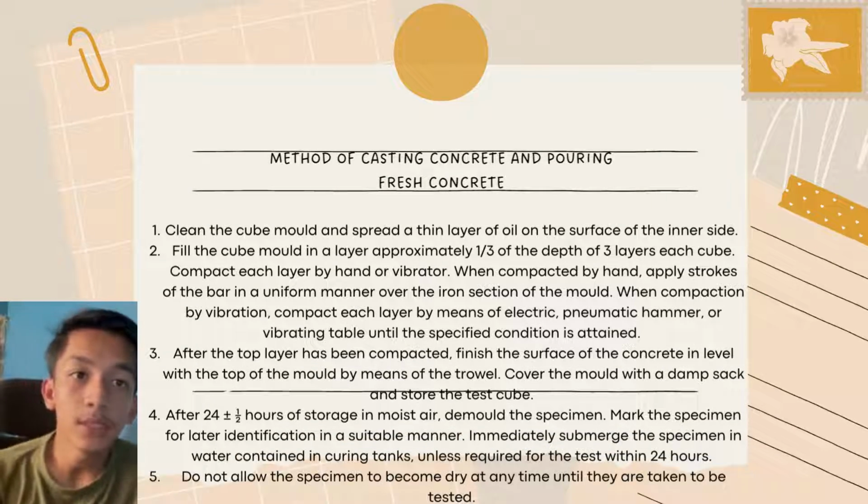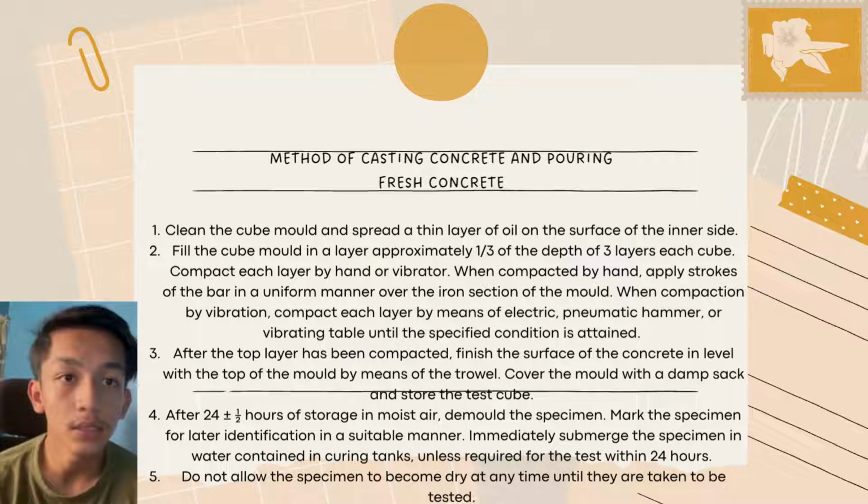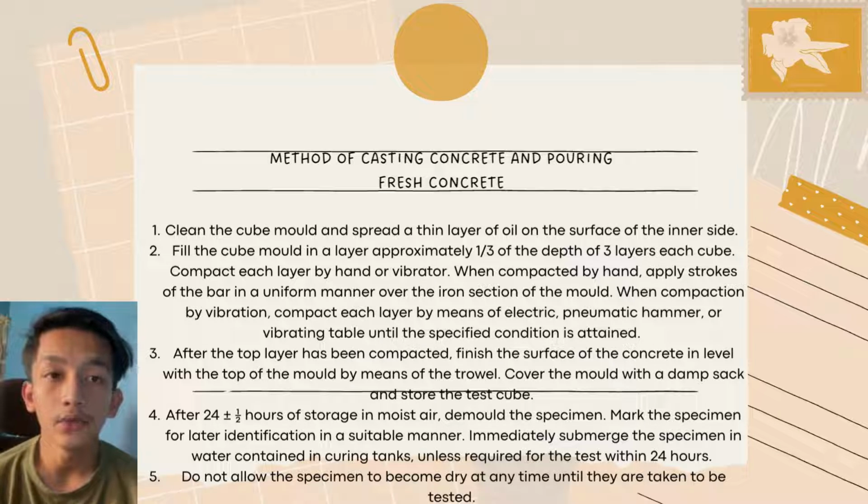Next, for the method of casting concrete and pouring fresh concrete, first we need to clean the cube mold and spread a thin layer of oil on the surface of the inner side. And second, fill the cube mold in three layers, each approximately 1/3 of the depth of the cube. Compact each layer by hand or vibrator. When compacting by hand, apply strokes of the bar in a uniform manner over the cross section of the mold.